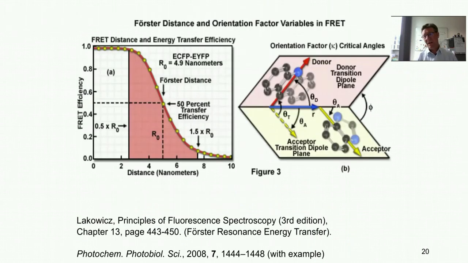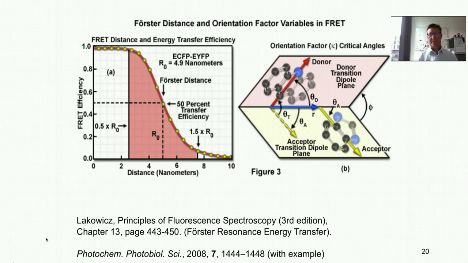Good question. I have to admit, I stole all these pictures from various people, and these kinds of mistakes can be there. But here you see that the direction of the transition dipole moment is indicated within a molecular framework. So these are two molecules that can interact, and it is the angles between the planes and the intersecting line that play a big role in this kappa factor. Yeah, this slide makes more sense, I think.